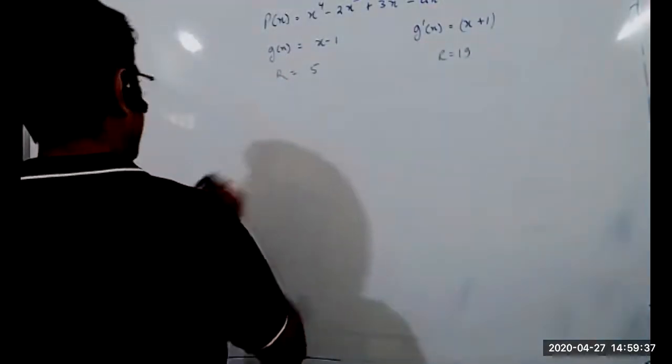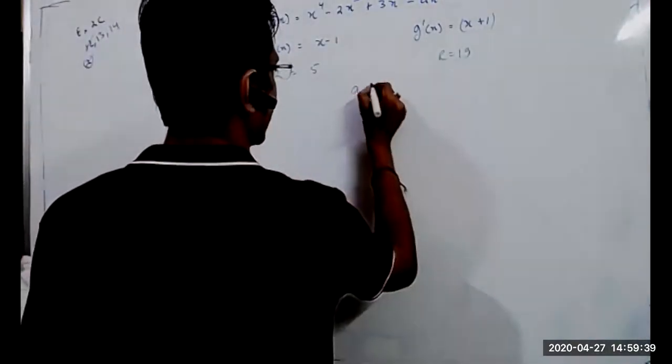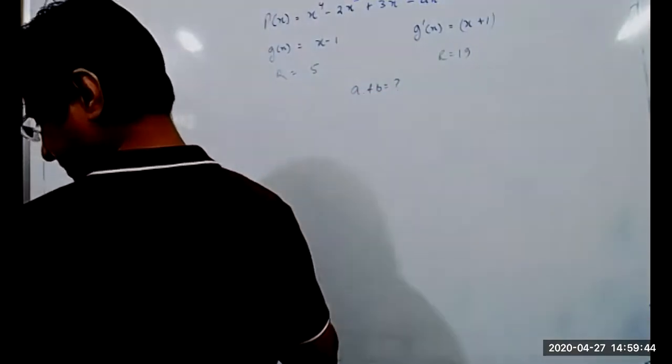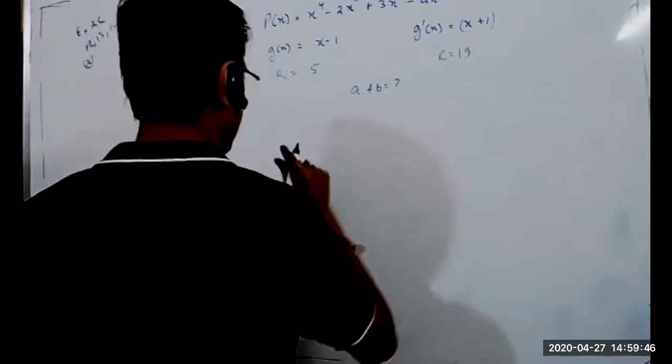Find the value of a and b. Hence find the remainder, that is the second part.